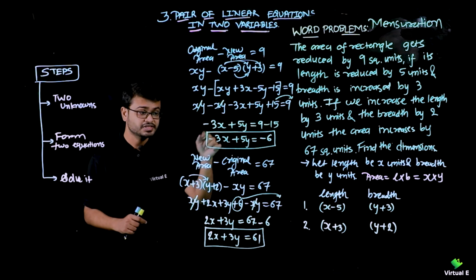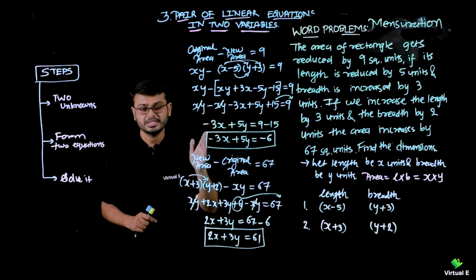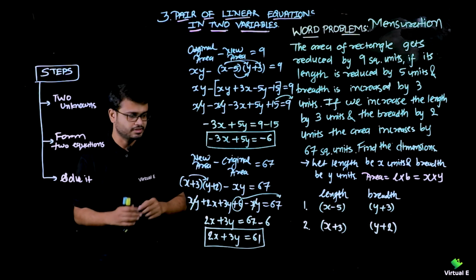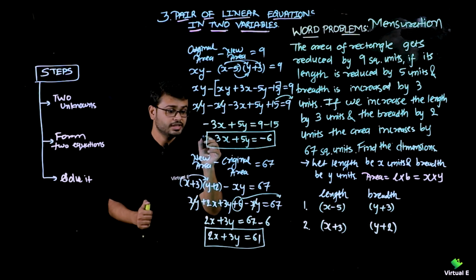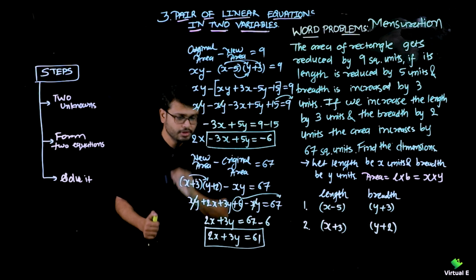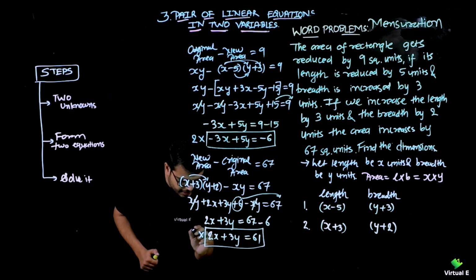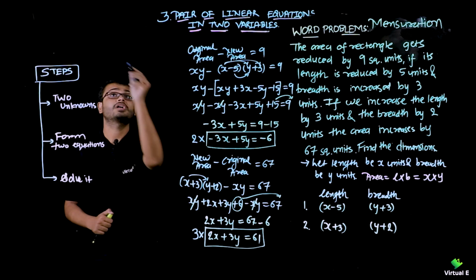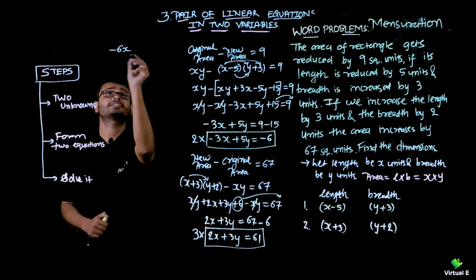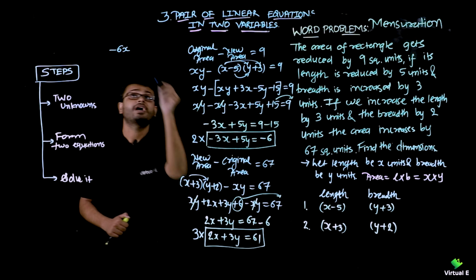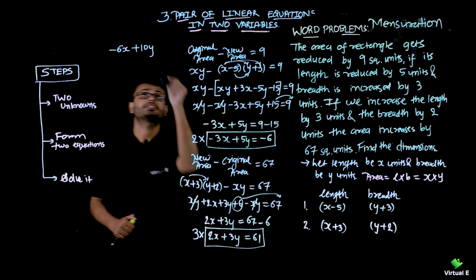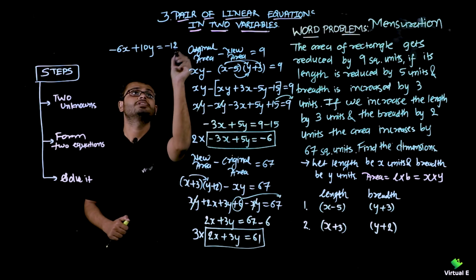What of x? This is minus 3, it will become minus 6, this will become plus 6, so they can cancel out each other. So I can write over here, multiply this equation with 2 and multiply this whole equation with 3. So 3 2s are minus 6x, 2 into 5, that will give you plus 10y, 2 into minus 6, that will give you minus 12.